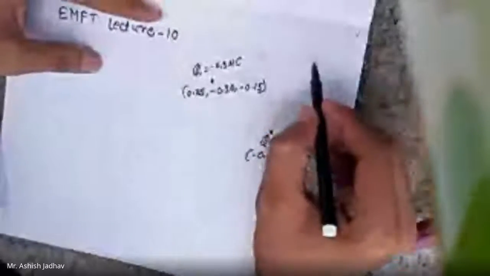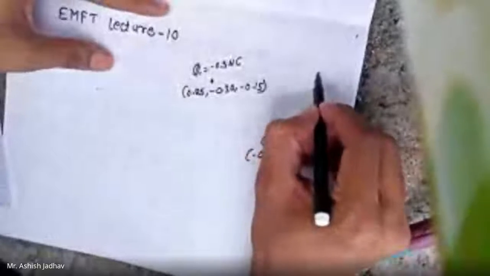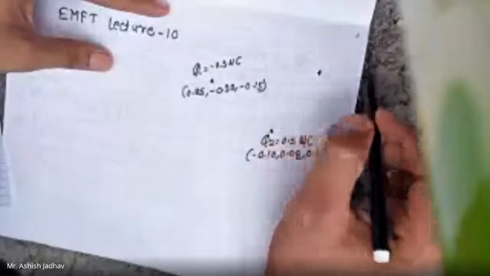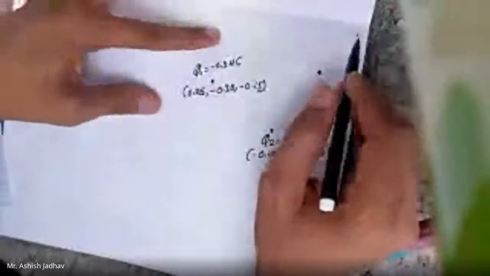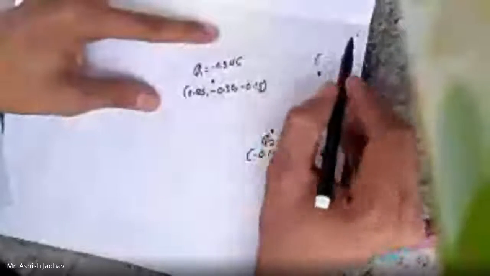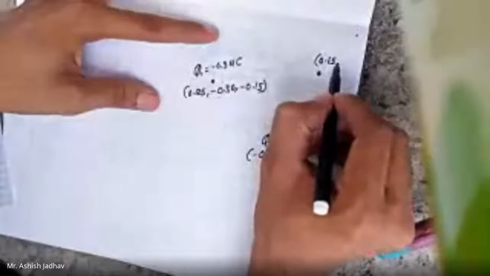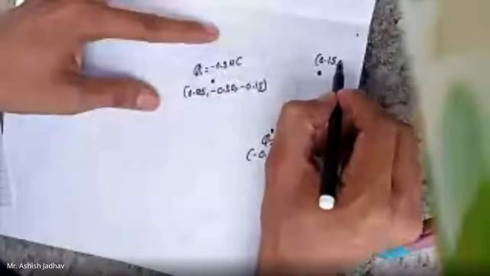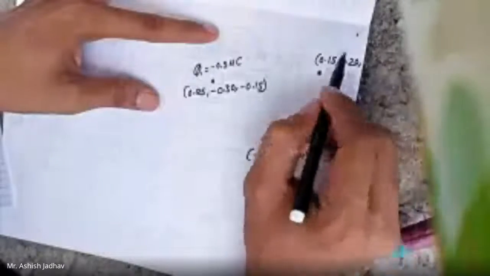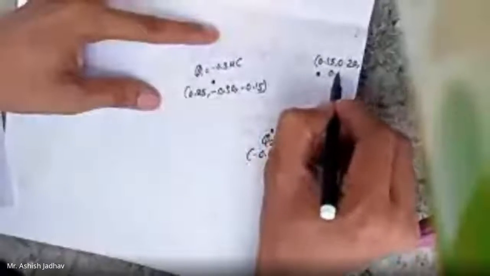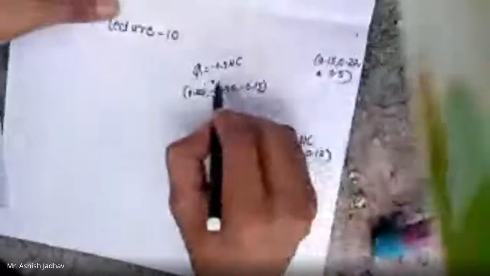Now you have to calculate the electric field intensity at this point. If I convert its coordinates to meters, they are 0.15, 0.20, 0.50. So these are the coordinates of those 3 points.